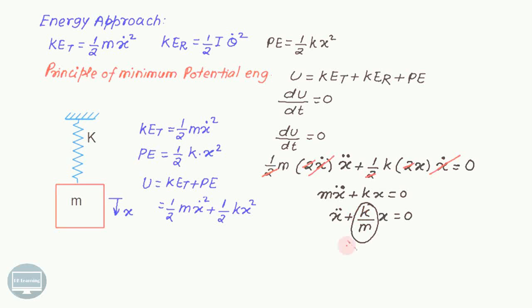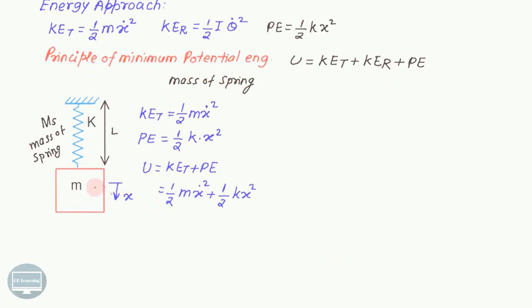And therefore this term is omega n square, so omega n is the square root of k by m. Now in this entire calculation I have not considered the mass of the spring. If the mass of the spring is given, naturally that will also influence the vibration. So this equation is for the case without mass of spring, so write down here, neglecting mass of spring.